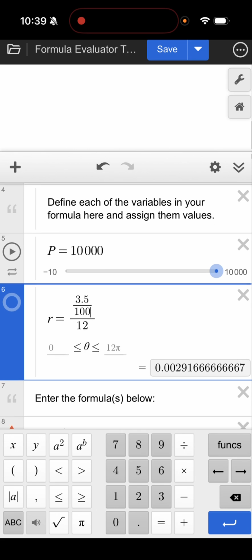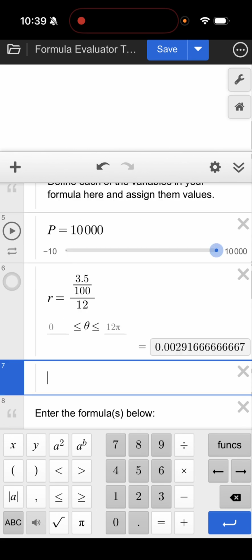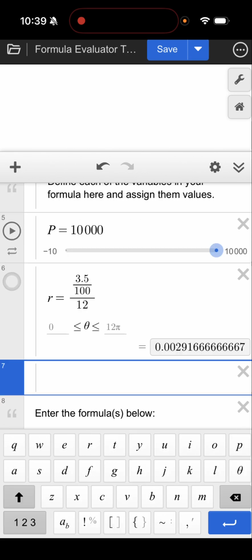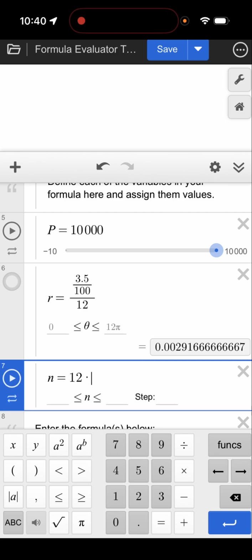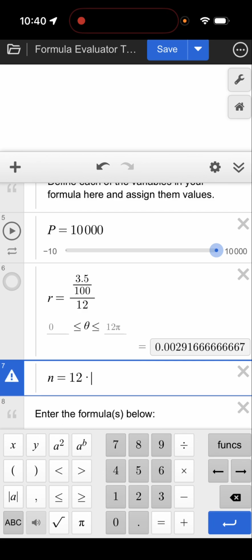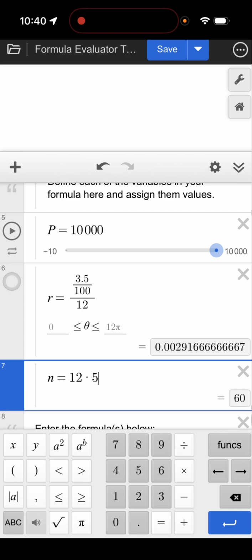Our last variable is N. So I go find N on my keyboard here. This is the number of payments. So I'm just going to do the number of years times 12. Let's say we're doing this over 5 years. So, 5 is the years. We always multiply by 12 to get the value.